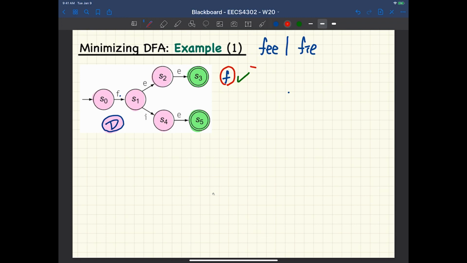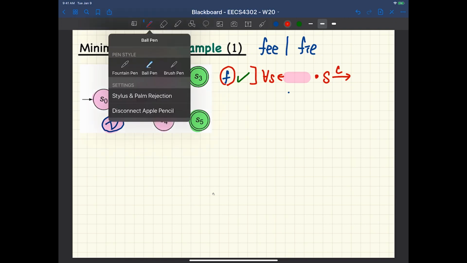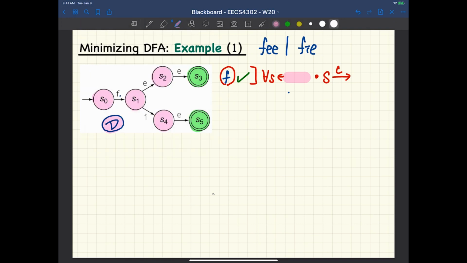Basically, you're saying that for every state in the pink, every state in this particular partition, we find that taking transition C leads you to the same partition. It doesn't have to be accepting as long as it's in the same partition.